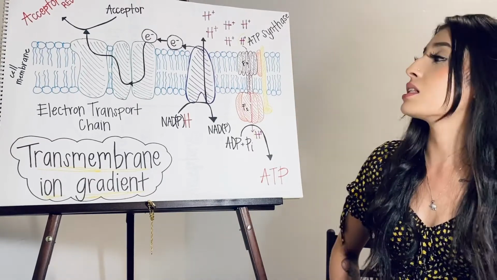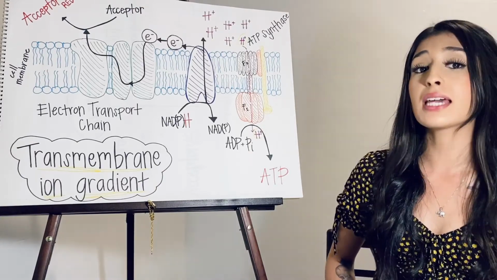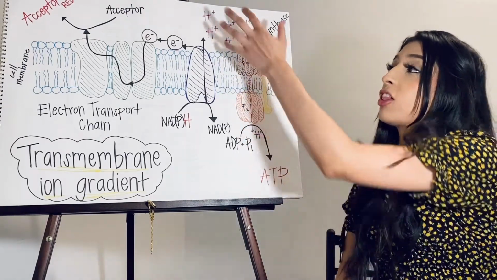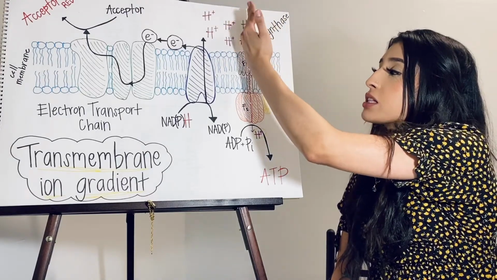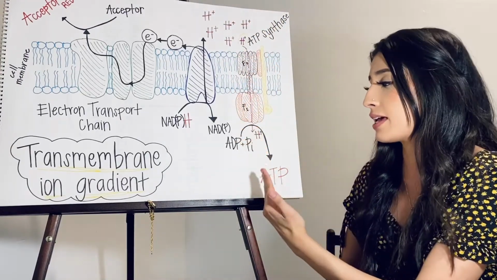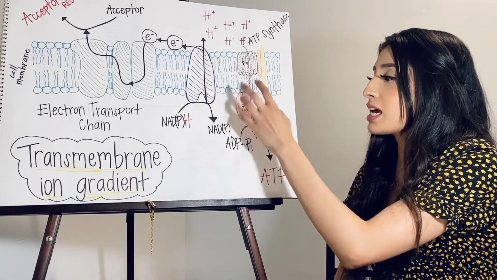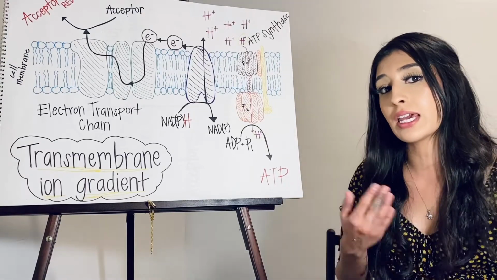If there is low ATP inside the cell and you have a lot of H pluses outside, that will cause the protons to come in, therefore causing the axle to rotate, then catalyzing the formation of more ATPs. So it'll cause an equilibrium.